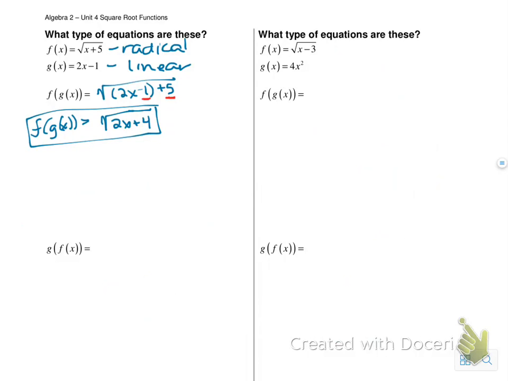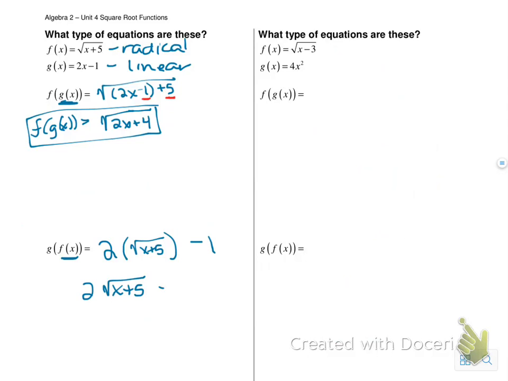So instead of putting g inside of f, I'm going to put f inside of g. So 2, I'm going to replace that with the square root of x plus 5, minus 1. Okay, I could drop the parentheses. They're no longer really necessary.